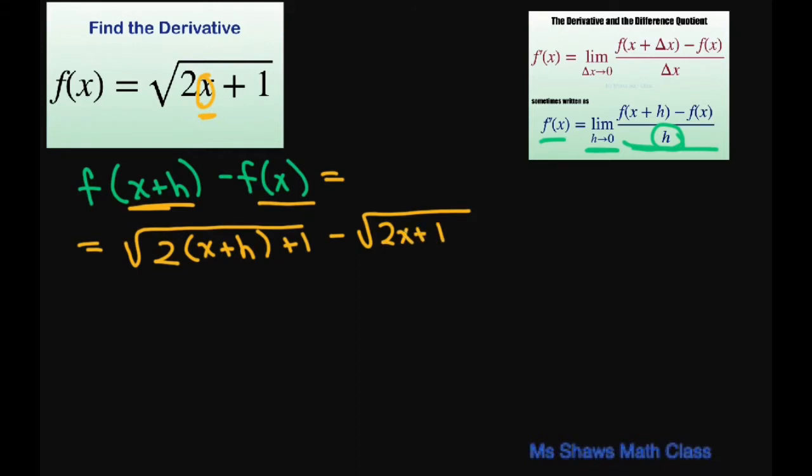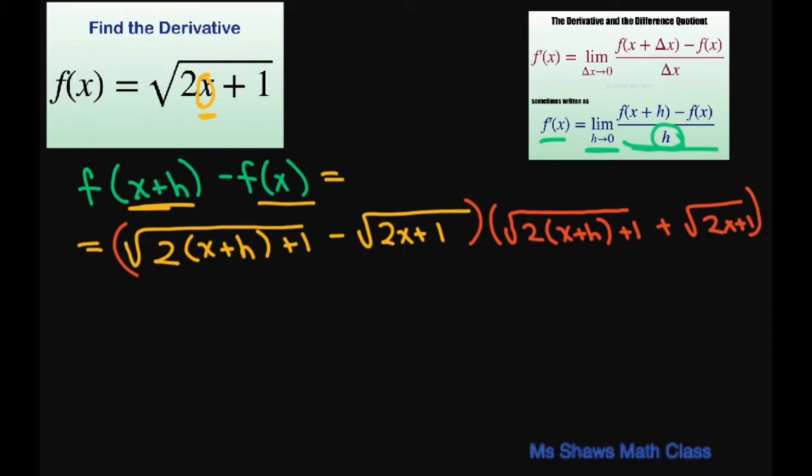Now to simplify this, I'm going to multiply by the conjugate, which is going to be the square root of 2 times x plus h plus 1, plus the square root of 2x plus 1. From here, I'm using my a squared minus b squared.